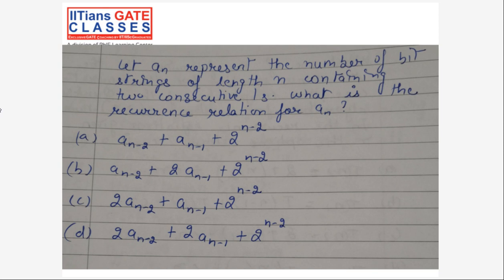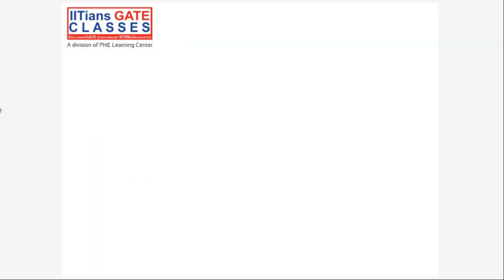All right, fine. So this question says A_n represents the number of strings of length n containing two consecutive ones. What is the recurrence relation? So let us see with an example. A1 is the number of strings of length 1 containing two consecutive ones. If I have a string of length 1, can I contain two ones?